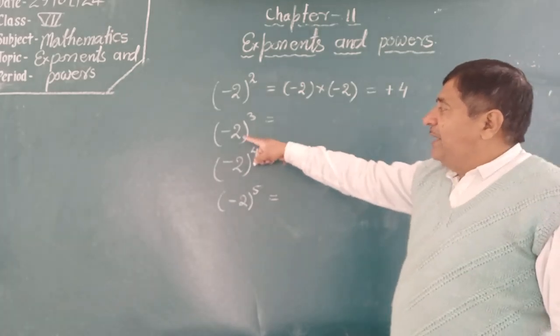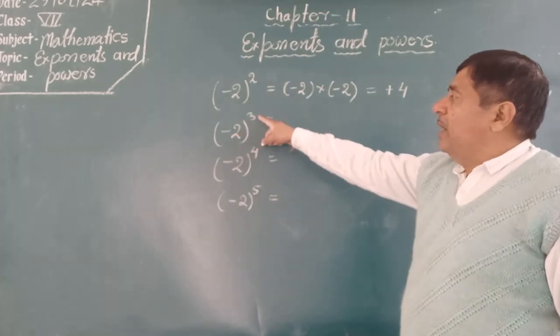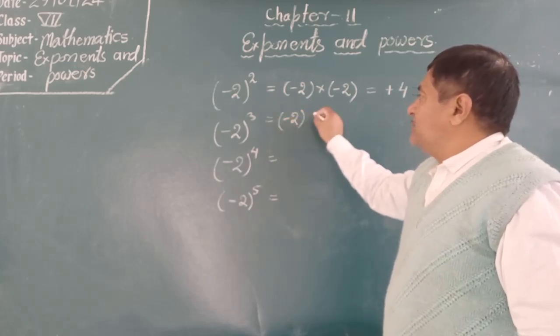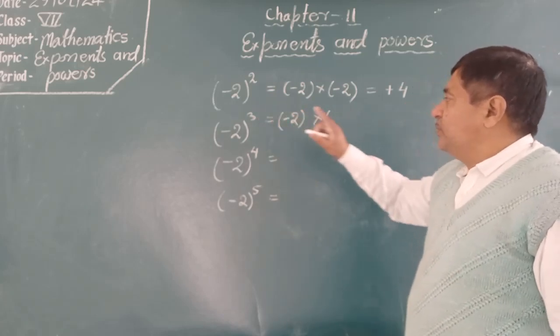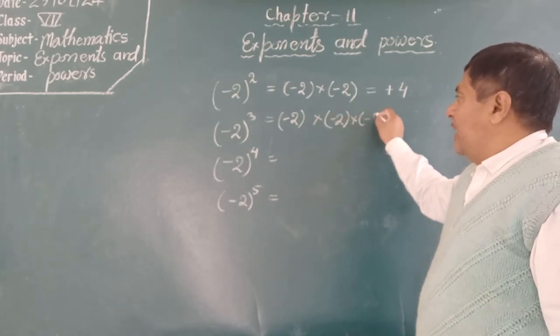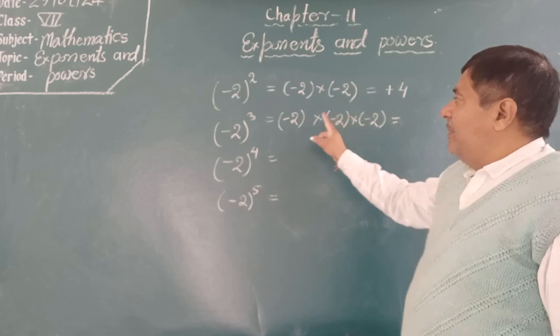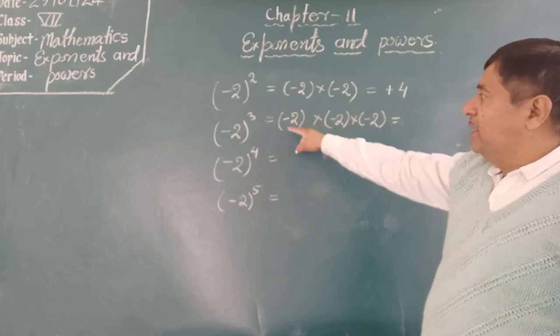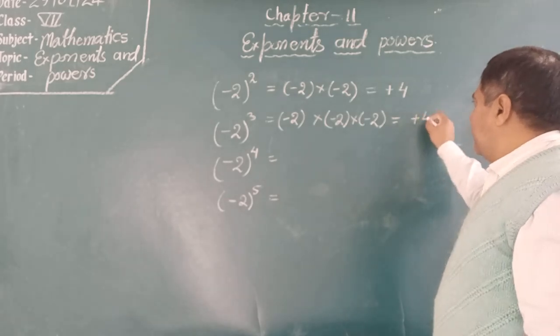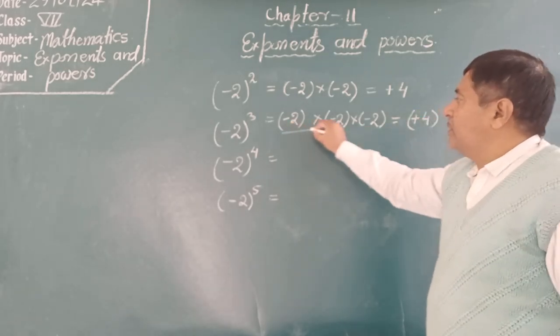Now how can you write minus 2 to the power 3? Minus 2 is multiplied 3 times, because its exponent is 3. So minus 2 into minus 2, minus into minus becomes plus 4.